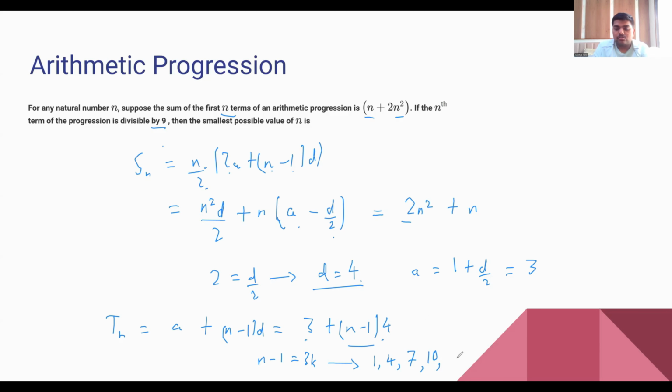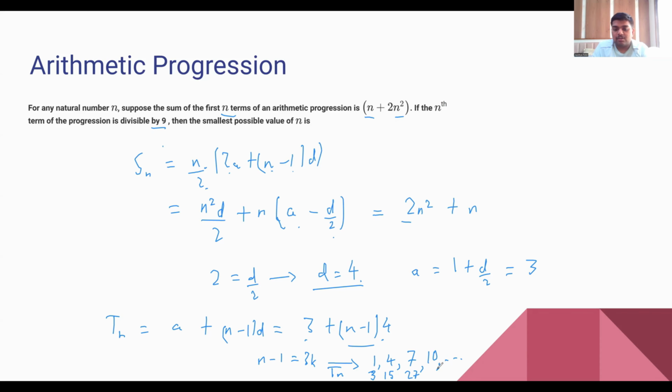10 and so on. Now see, for n is equal to 1, the term is 3. For n is equal to 4, 3 4s are 12, 12 plus 3, 15. So for these n, Tn can be given as 3, 15. Then for n is equal to 7, it is 27.